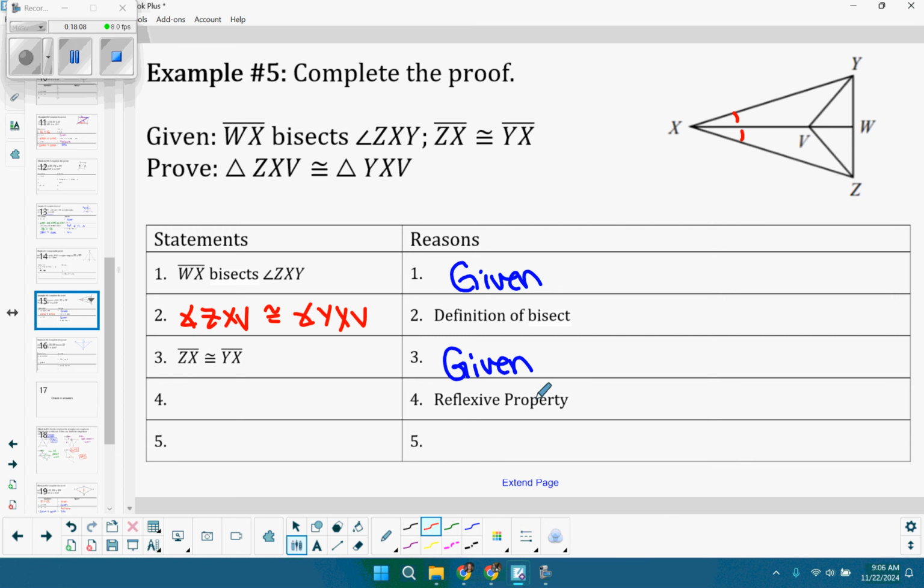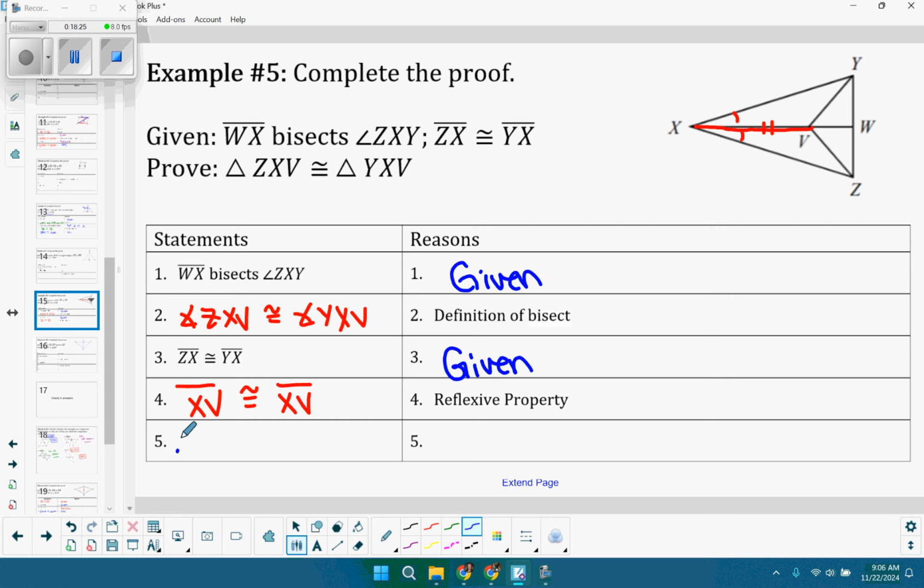I also see in step 4 it says reflexive property. This segment right here is the one that's part of two different triangles. So I can say that segment XV is congruent to segment XV.